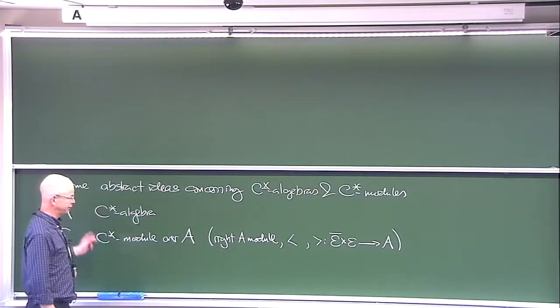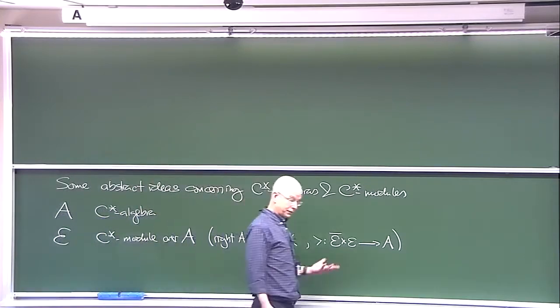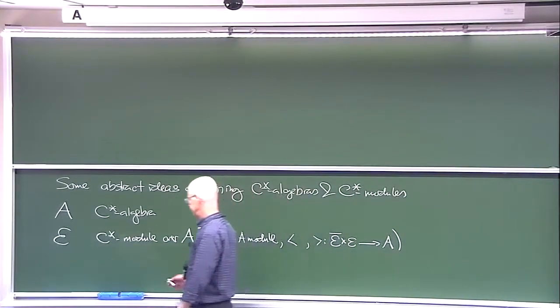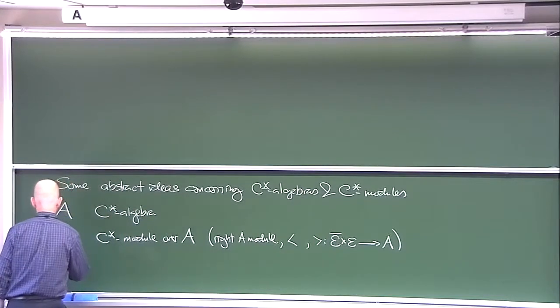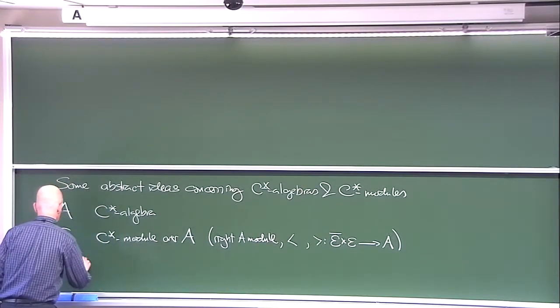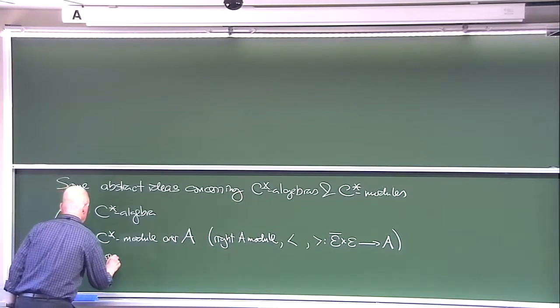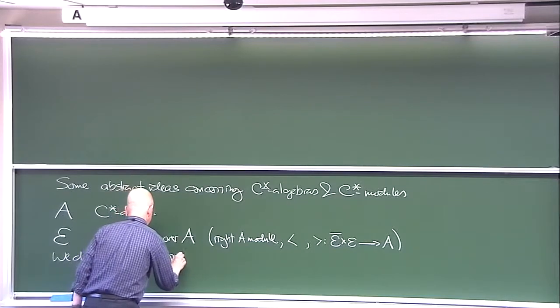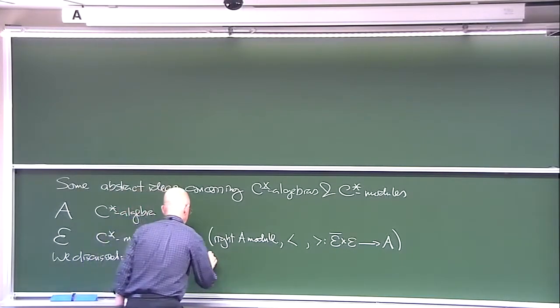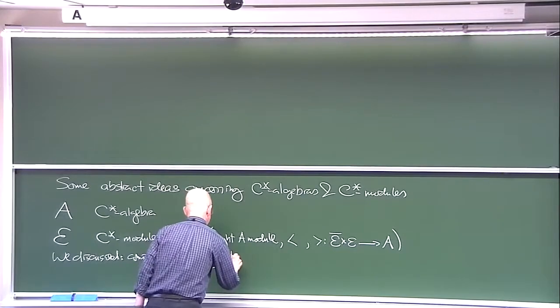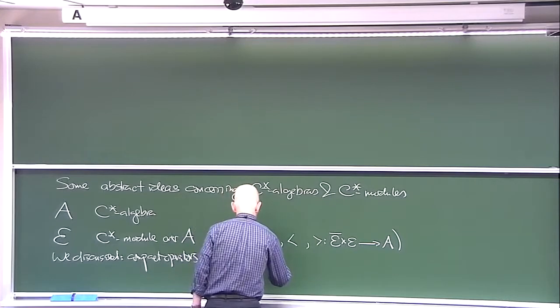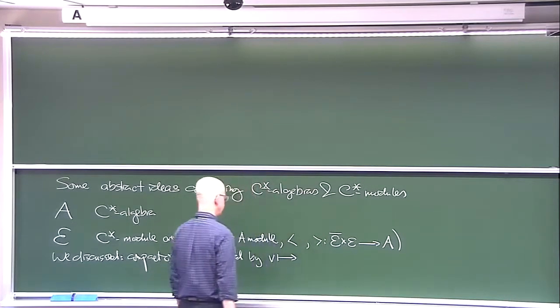In fact, if A is the C-star algebra of compact operators, this is just a Hilbert, a C-star module over A is just a Hilbert space. We talked about compact operators on such a module. So this is a C-star algebra of operators, and it's generated by elementary operators like this, rank 1 operators, if you like, which send V to the following thing.